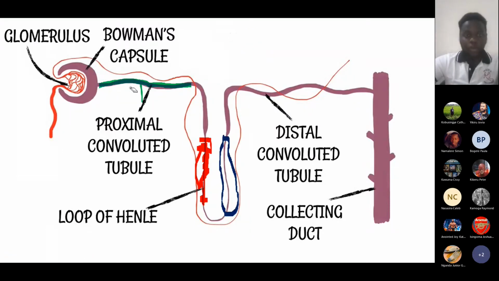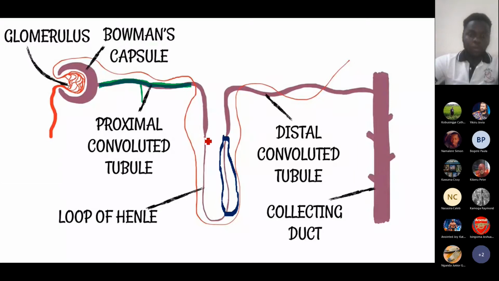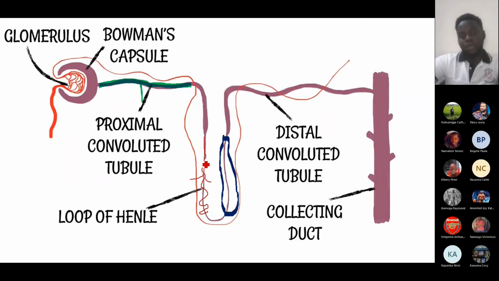Molecules like glucose are going to be reabsorbed. And molecules like water and mineral salts are going to be reabsorbed. Now, in the descending limb, water is going to be reabsorbed back into blood, making whatever is inside here become more concentrated. Why? Because water is being taken out.